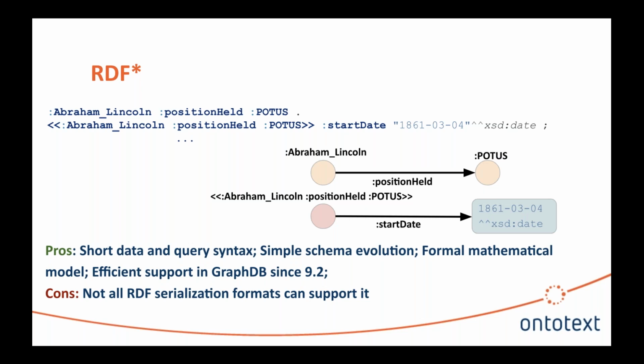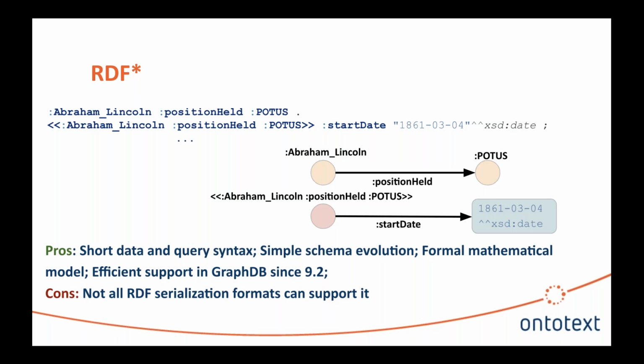And the embedded triples are syntactically serialized with these two brackets, curly brackets, which you see in this example. And the meaning of this will be, this is a reference to the statement Abraham Lincoln position held POTUS.